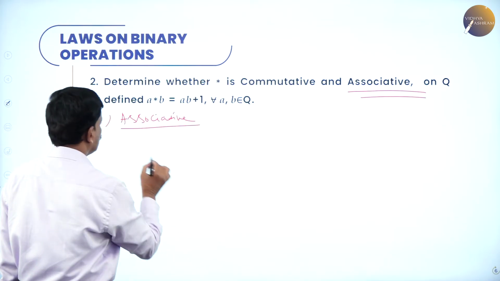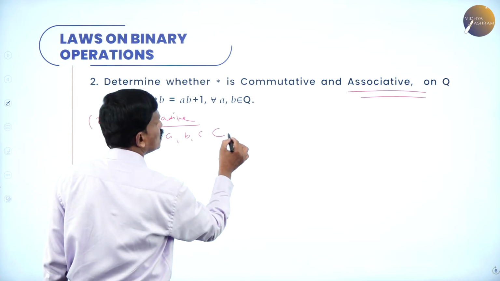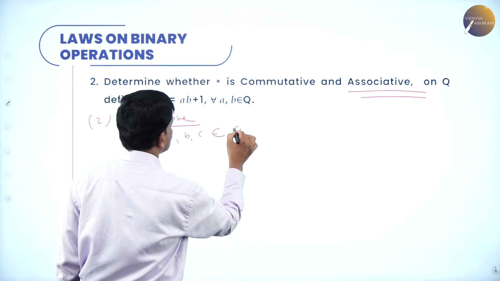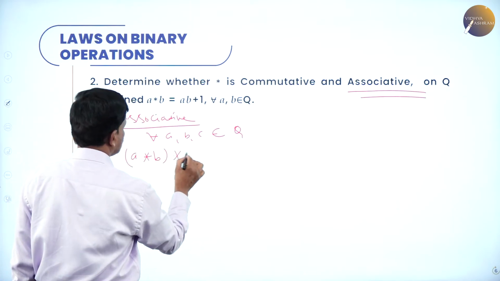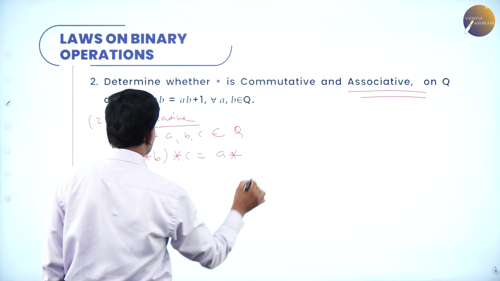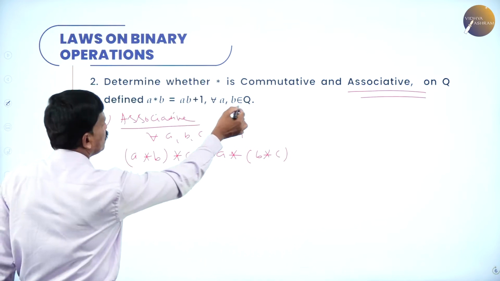Associative law. Now, for all A, B, C belongs to Q, what is the property? (A star B) star C is equal to A star (B star C). Now, let us come to the definition. What is given?